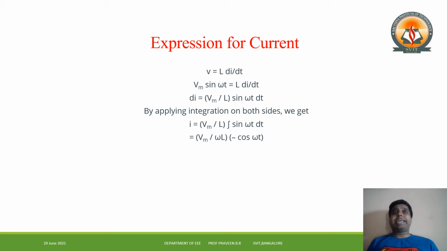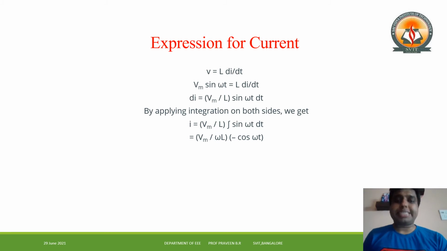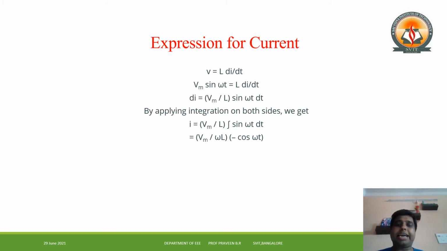So cos omega t can be written as sin(pi/2 - omega t). Minus cos omega t can be written as -sin(pi/2 - omega t). We know sin(-theta) = -sin theta. Therefore, I can take the sine inside. I get -cos omega t as sin(omega t - pi/2).